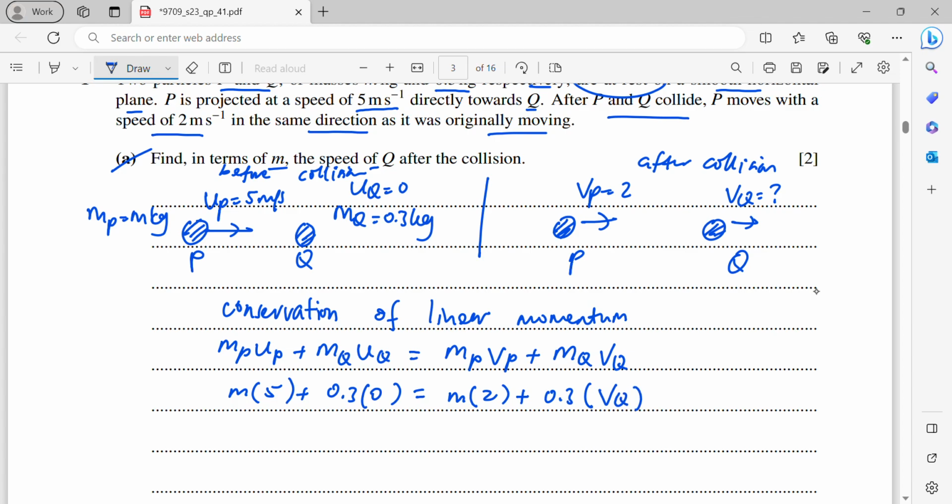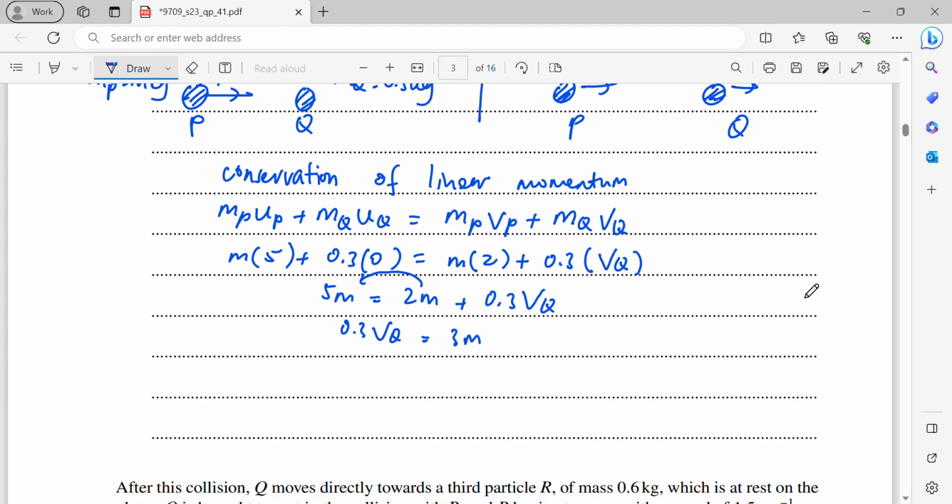So from here, the left hand side will be 5m because 0.3 times 0 will be 0. Then for the right hand side, I will get 2m plus 0.3 vq. So 0.3 vq equals, this 2m will be moved to the left hand side, it becomes 3m.